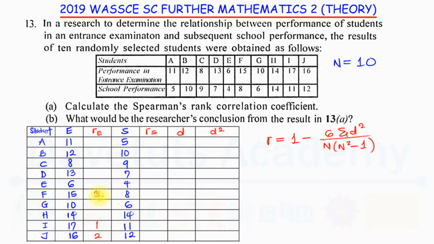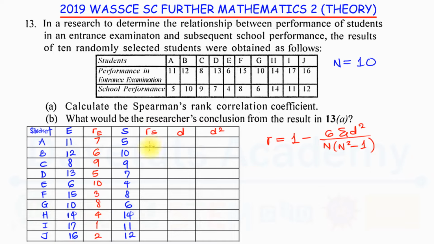Then number 4 will be 14, number 5 will be 13, number 6 will be 12, number 7 will be 11, number 8 will be 10, number 9 will be 8, and number 10 will be 6. So this is the ranking that we make use of, not the scores in the exam.